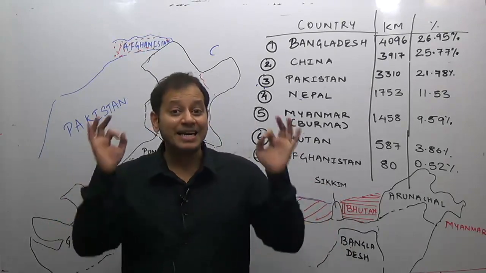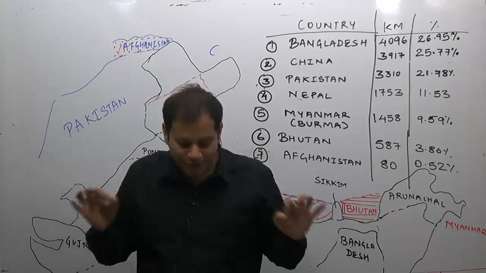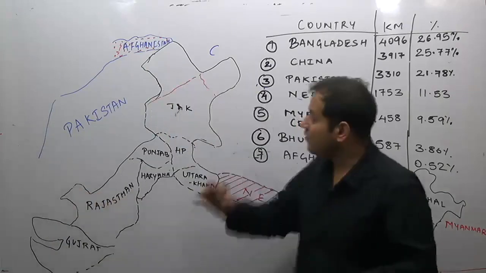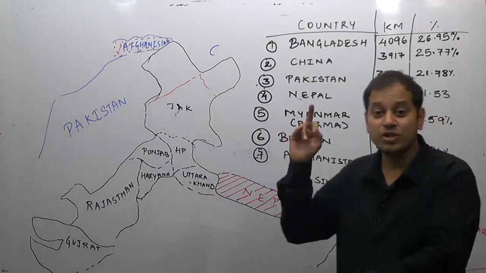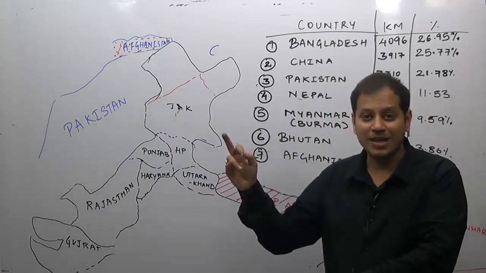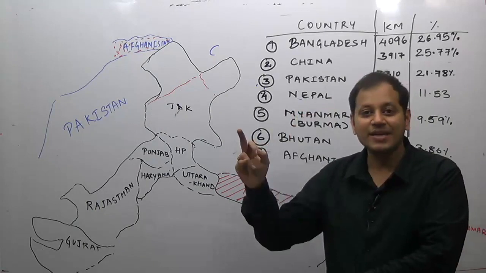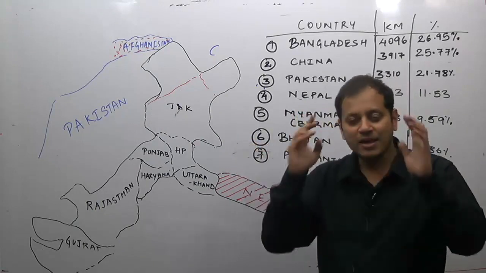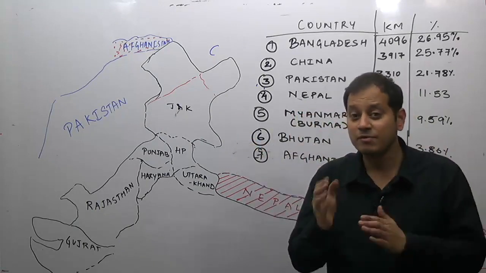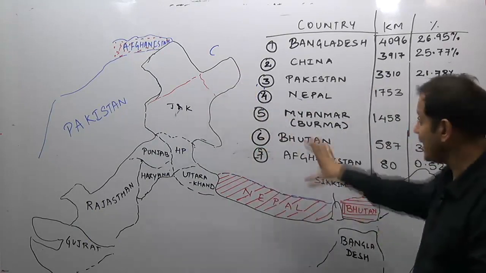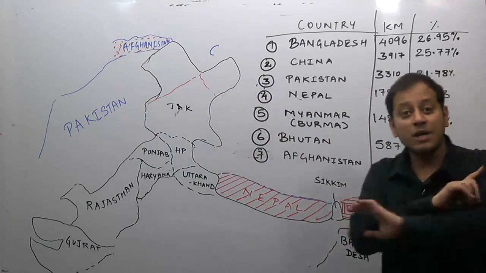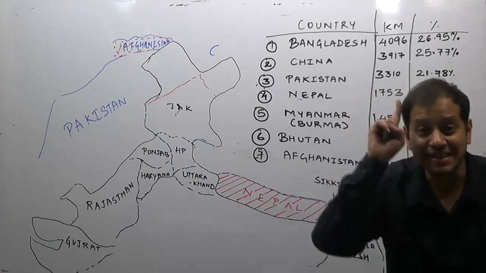Now remember again the ranking of the countries with the share. First is Bangladesh, that is 4096 kilometers. Next is China. So remember, we share a larger boundary with Bangladesh. Though in the diagram we feel that with China we have the largest border, no, the first country is Bangladesh.